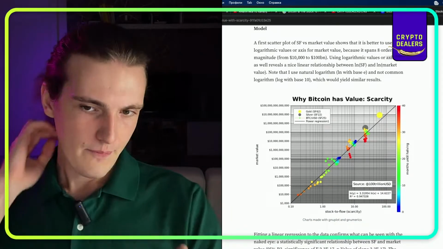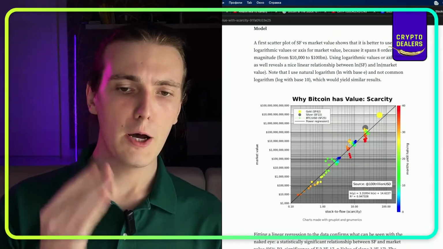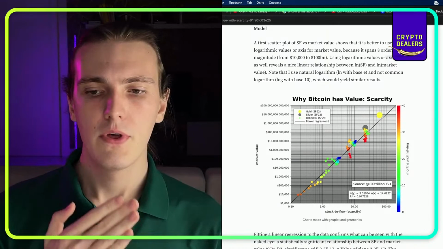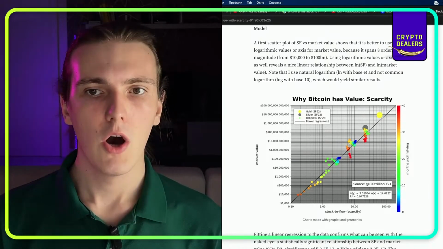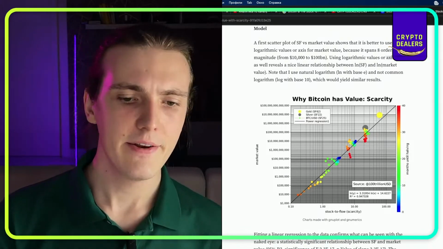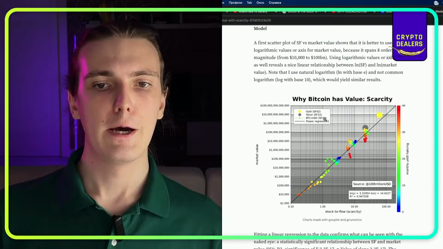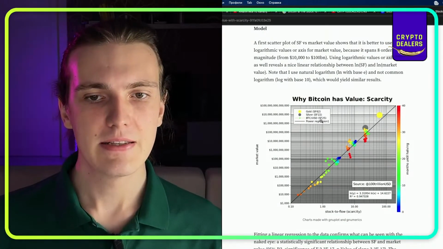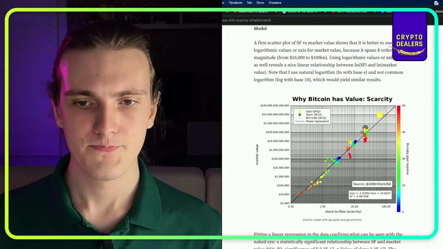So this chart, what he did is he took data from the charts for every month of every year from 2010 to 2019 for gold, silver, and BTC. So over here you can see that at the moment of creation of this chart, BTC's SF was 25, silver was 22, and gold was 62.